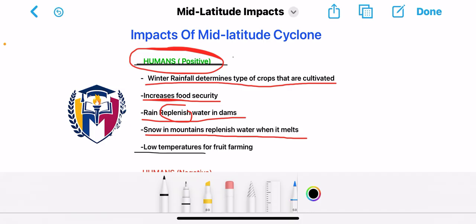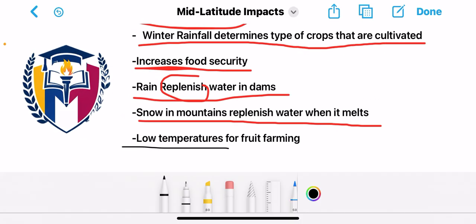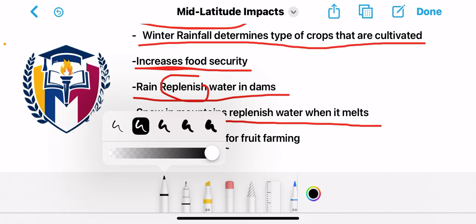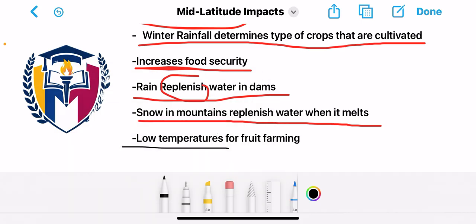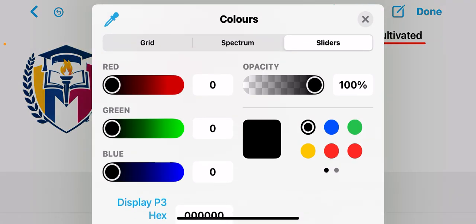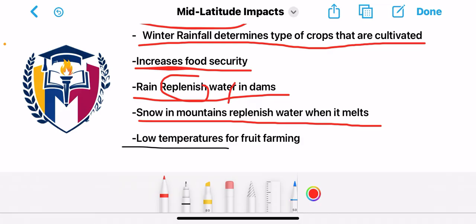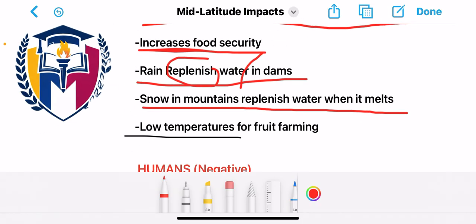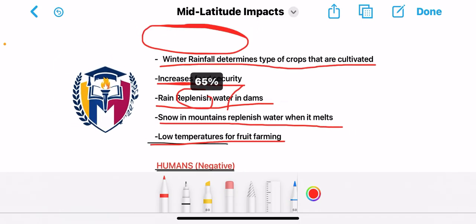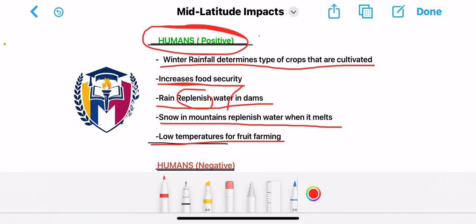Now, the low temperatures for fruit farming. Remember, when the cold front reaches the land, it reaches the land with its cold air.